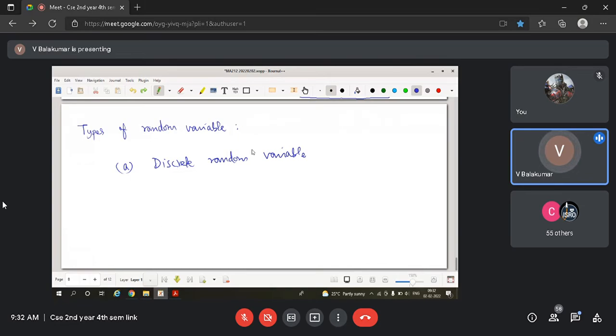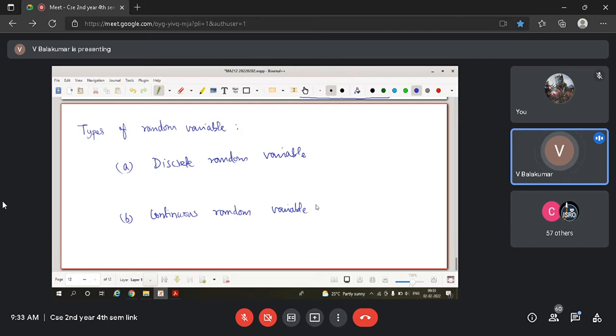Suppose another thing is continuous random variable. I can talk about various examples. Discrete random variable we have seen just now.